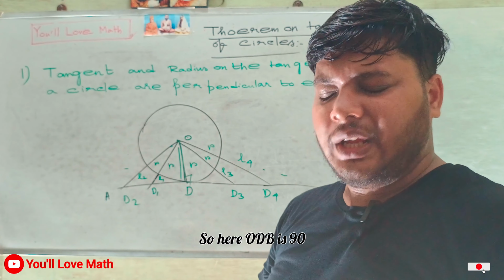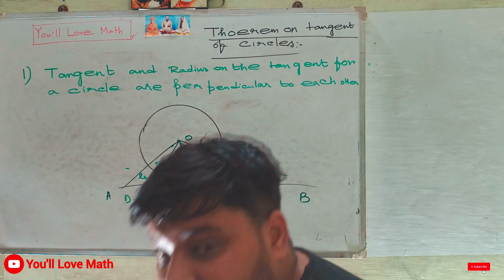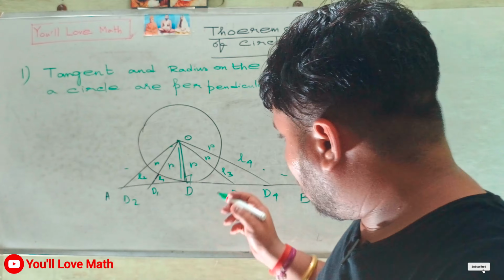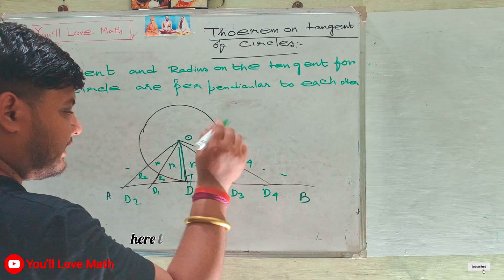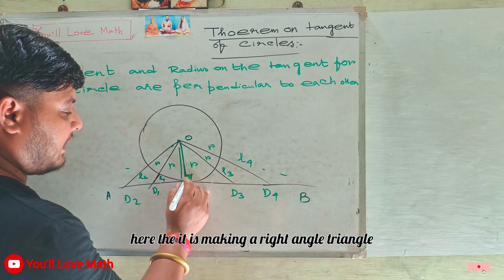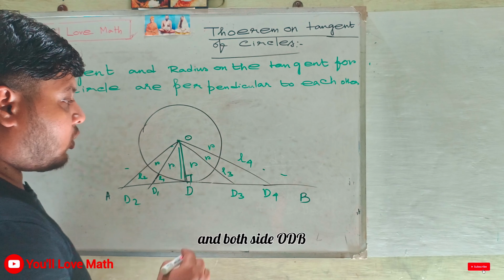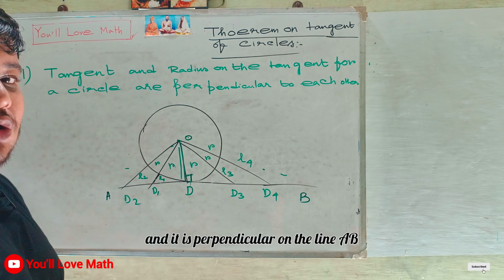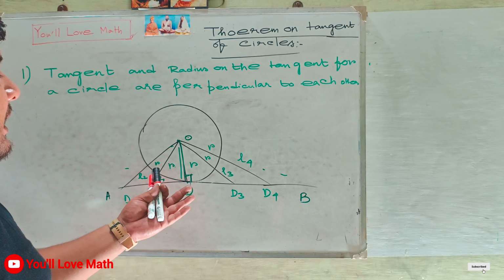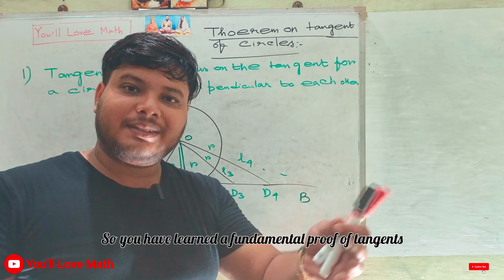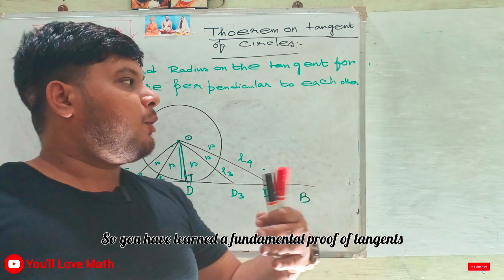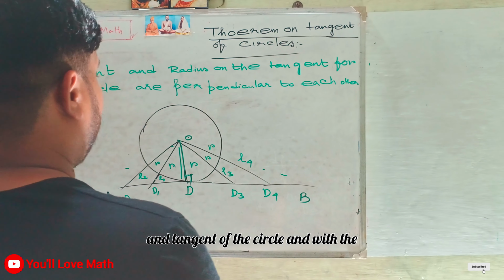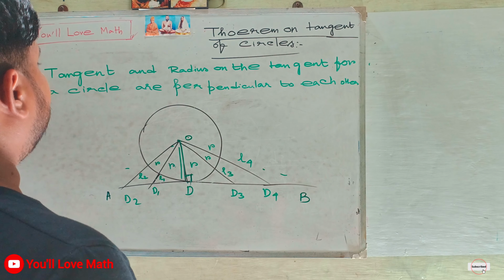So here ODB is 90 degrees. Here it is making a right-angle triangle, and both angles ODB and ODA are 90 degrees, and OD is perpendicular to the line AB. So you have learned a fundamental proof about tangents of the circle and the radius.